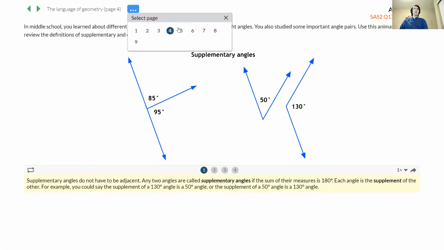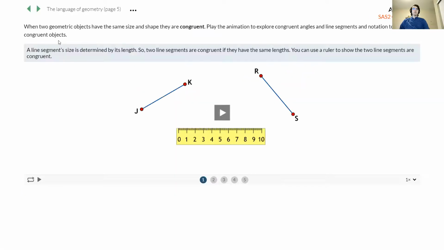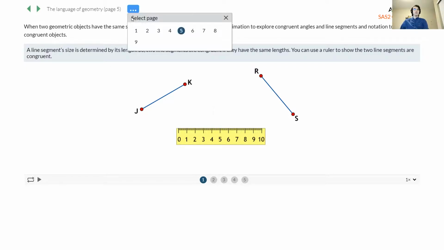The last term I want to go over is congruency. So we've talked about a couple things now with line segments, right? Line segments can measure distance and angles can have an angle measure, right? Both of these have a measurement attached to a geometric object. And you'll remember the notation, right? Let's review that.